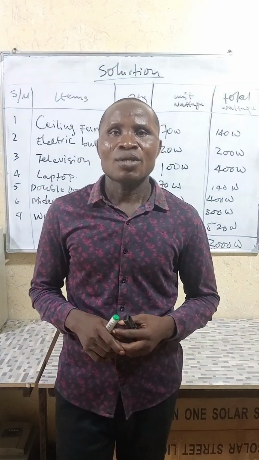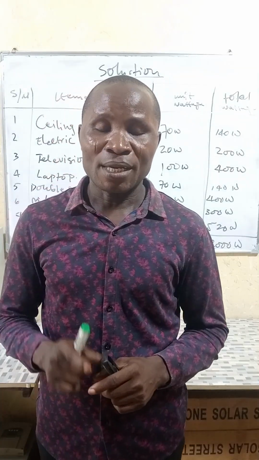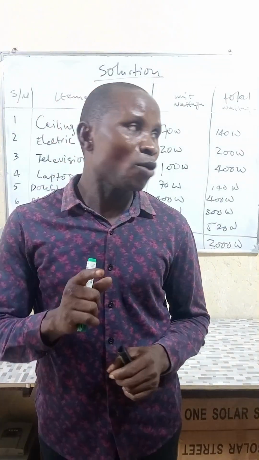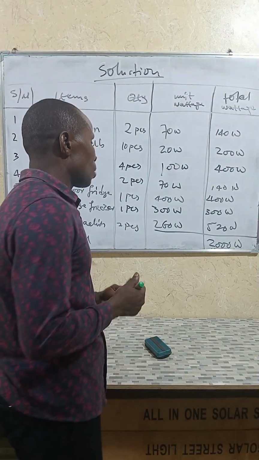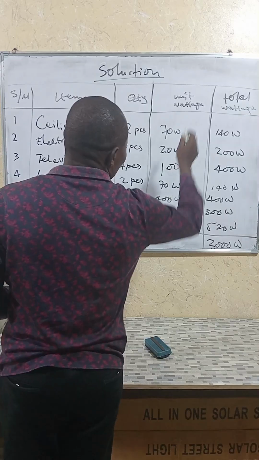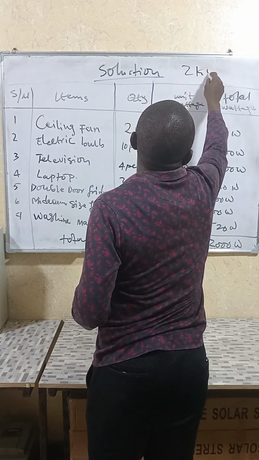Power factor in a solar system is the ratio of active power, that is the usable power, usable energy, in kilowatts. And that is why the load we are using here gives us a total of 2 kilowatts.